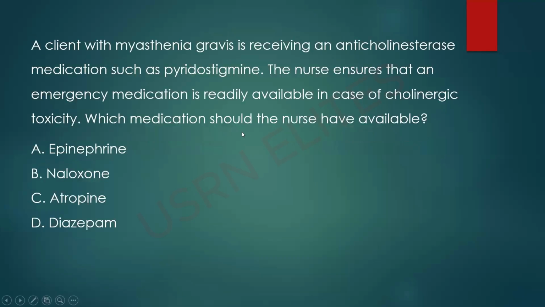So our next question. A client with myasthenia gravis is receiving an anticholinesterase medication such as pyridostigmine. The nurse ensures that an emergency medication is readily available in case of cholinergic toxicity. Which medication should the nurse have available?